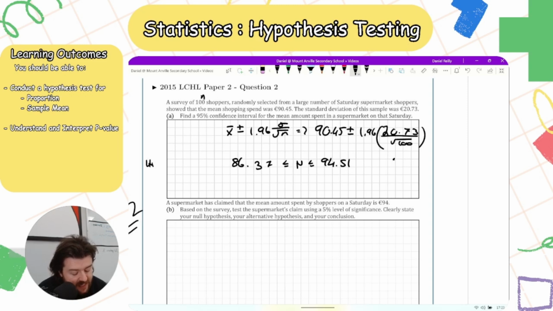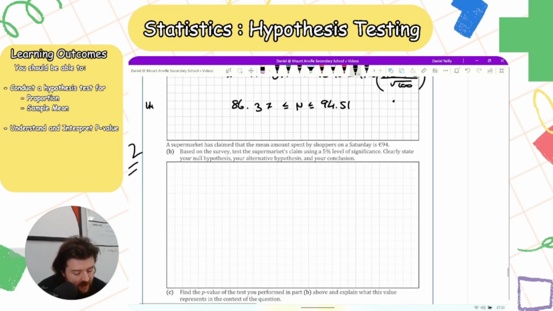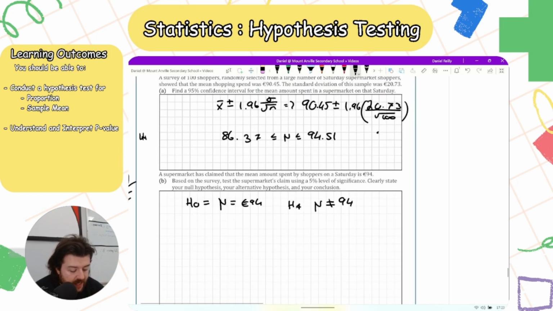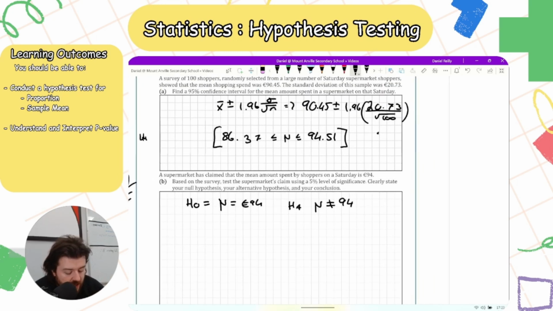Test supermarket's claim at a 5% level of significance. Right? So, clearly state your null, your alternate hypothesis and your conclusion. So, my null would be the mean is still equal to €94. My alternate hypothesis would be the mean is no longer equal to €94. Right? And I can tell instantly we're going to fail to reject because €94 is within my interval here. 94 is in between here.